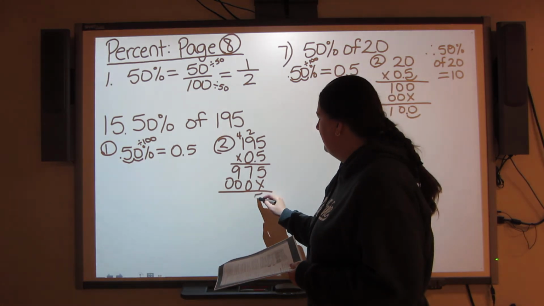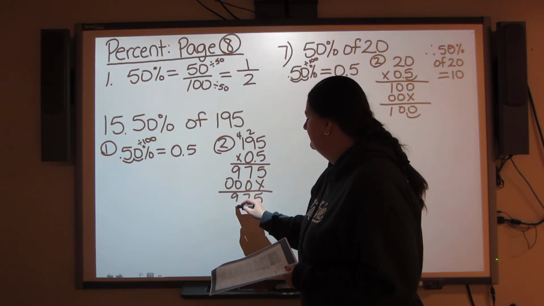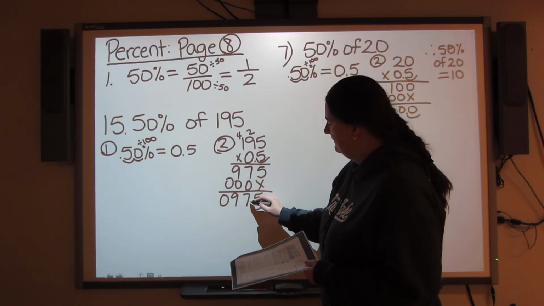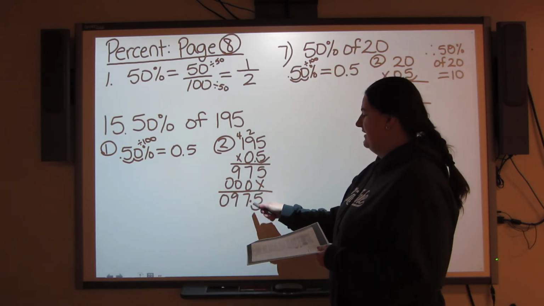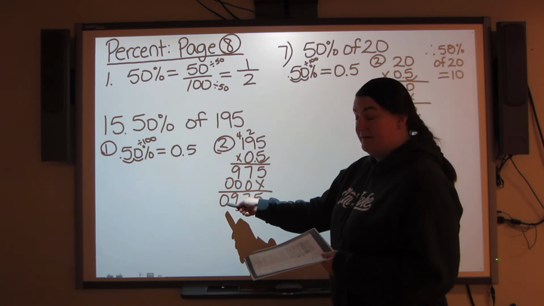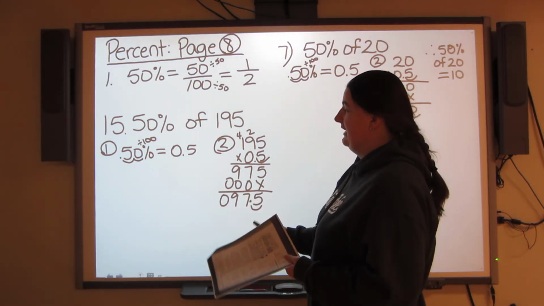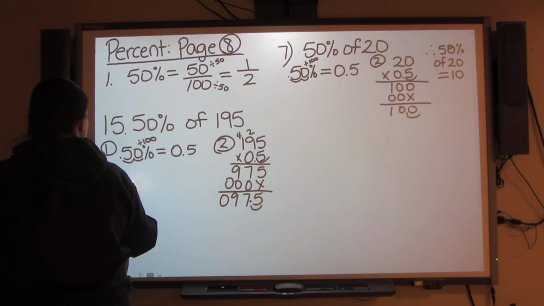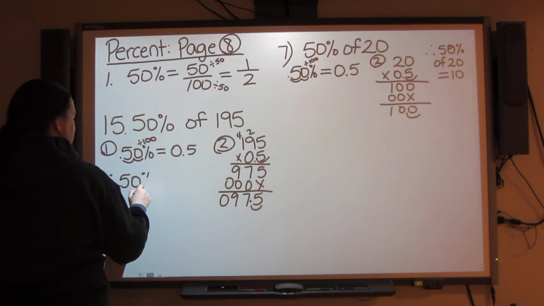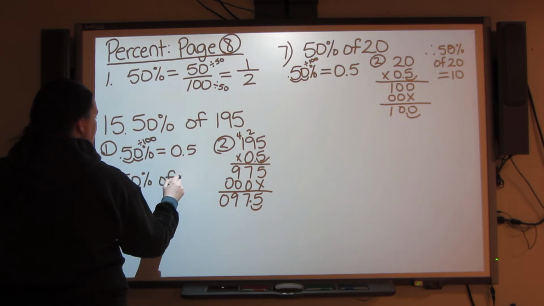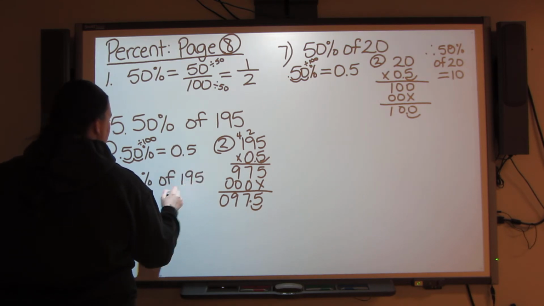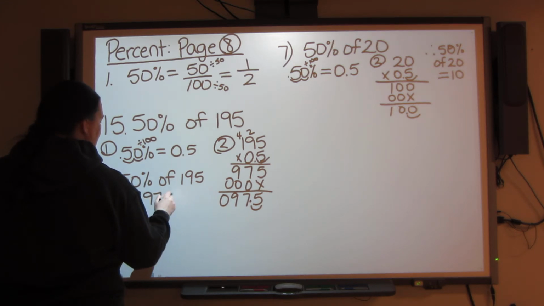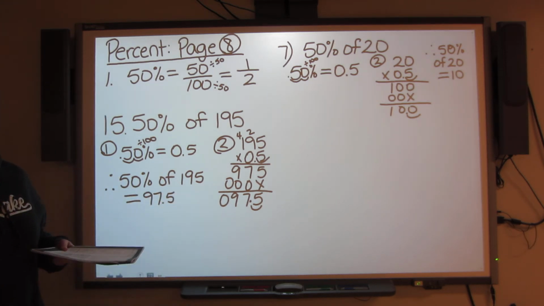And then add them up. Put in your decimal, 97 and 5/10. I don't need to include the 0 in my final answer. Therefore, 50% of 195 is 97 and 5/10.